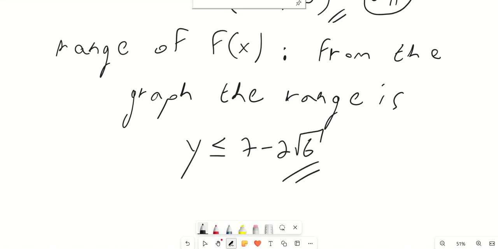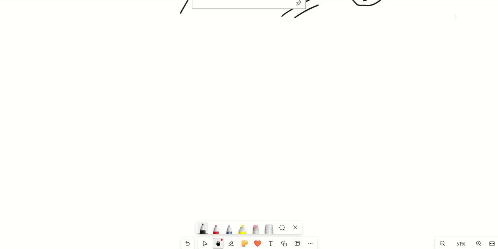So this is the range of the function. This is the answer to B. Now moving on to C, we have to show what is the derivative of the function f. So I will quickly write down f again.